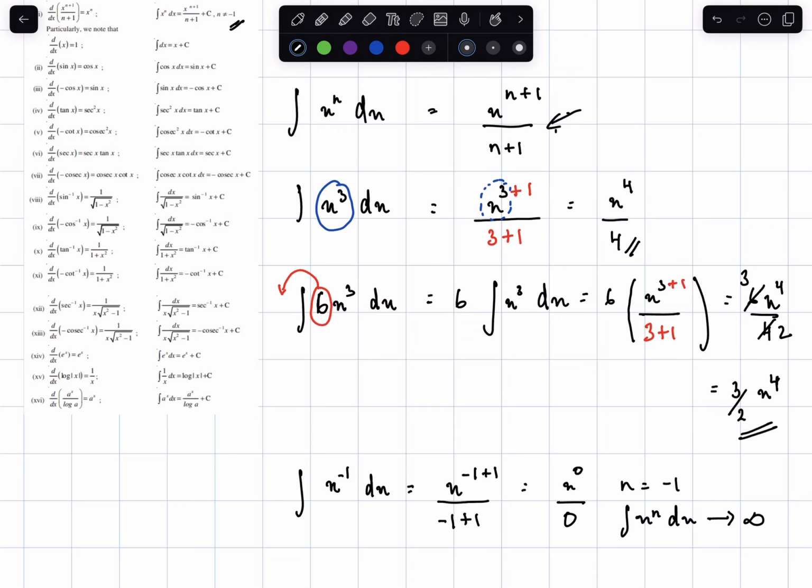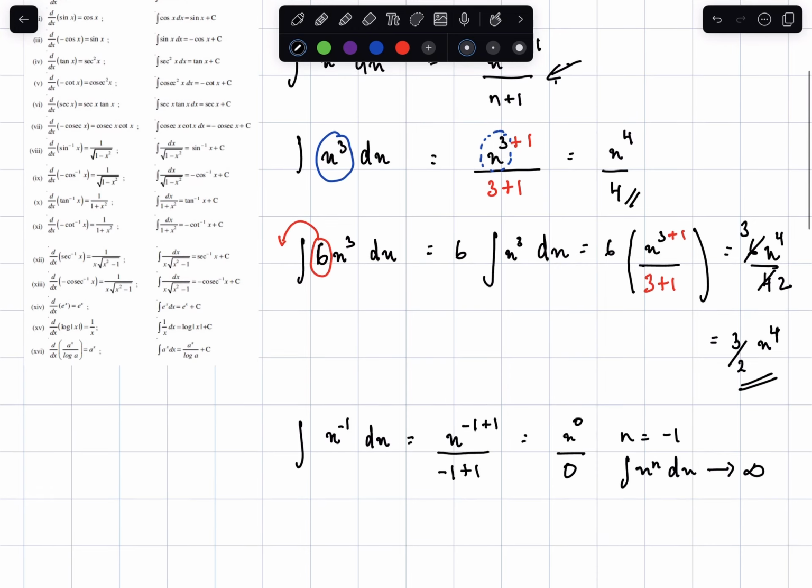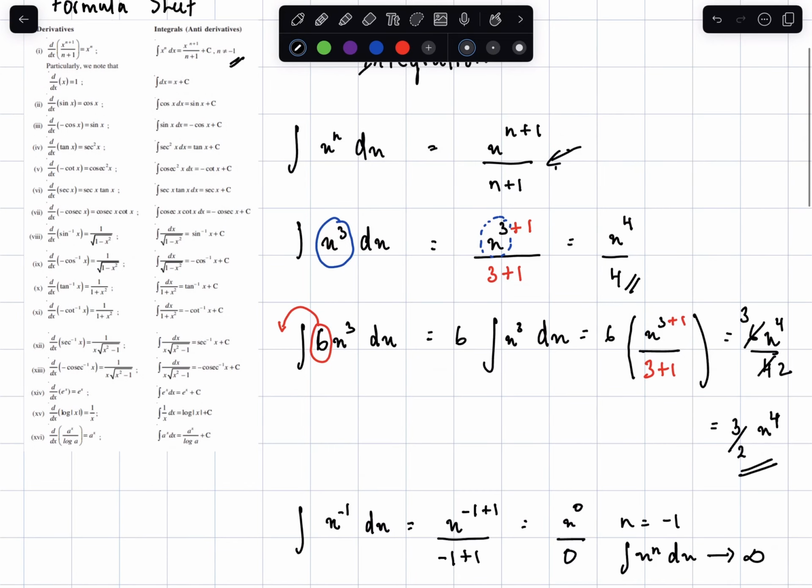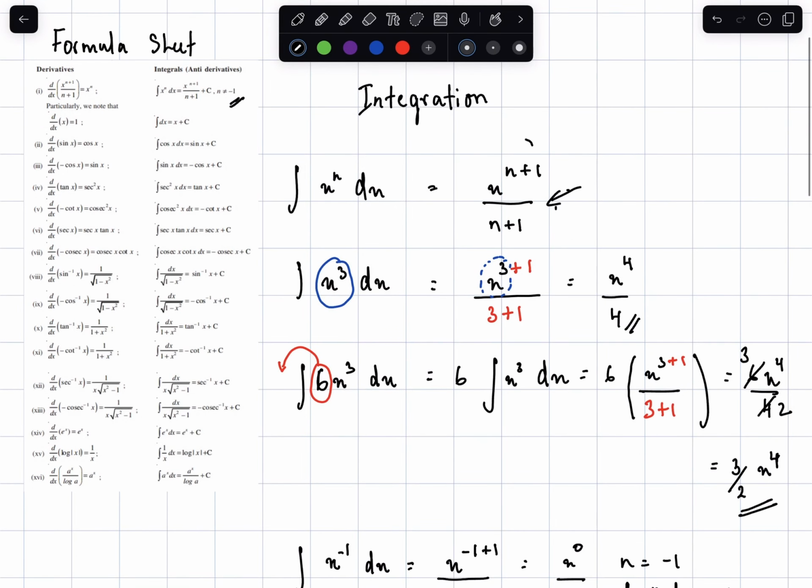So the formula, as stated above, is only true if n is not equal to -1.